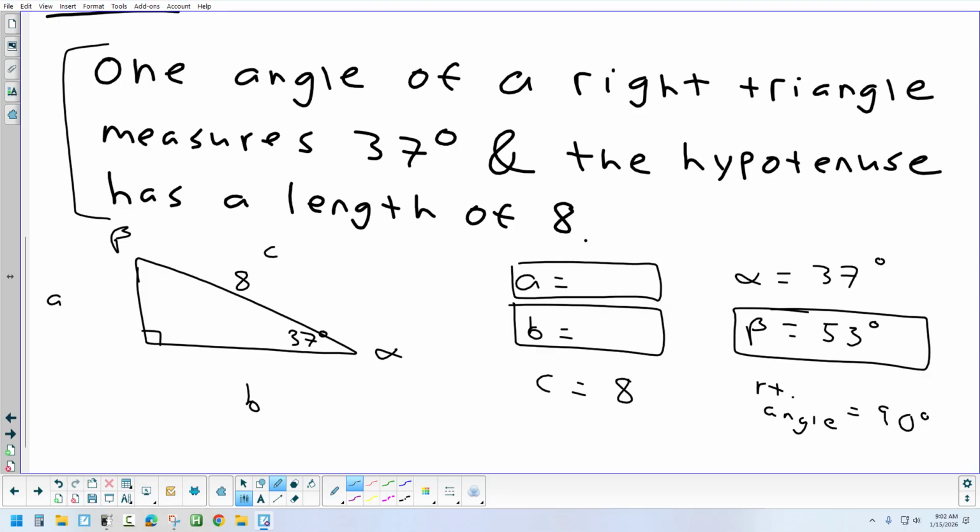Because you can do the sine of 37 and multiply it by 8. Well, I mean, you could still do it with 53. We're going to use a calculator, so it doesn't really matter because of the number itself. But there is a reason why I would use the 37. Is it because it's the acute angle or the most acute angle? No, they're both acute, so it doesn't really matter that it's smaller than the 53. That's not why I'm using it.